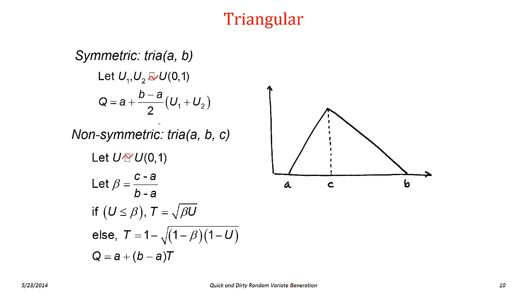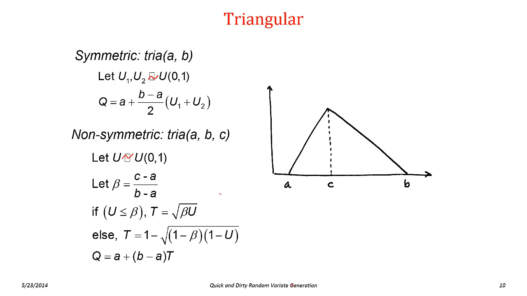If we don't have a triangular symmetric distribution, then we need to sample our U and then compute beta. So beta is (C minus A) over (B minus A), so I'm going to take this value divided by the entire range. And if my sampled value is less than beta, essentially means I'm on this side, then I'm going to compute T using the square root of beta times U, my sampled value.